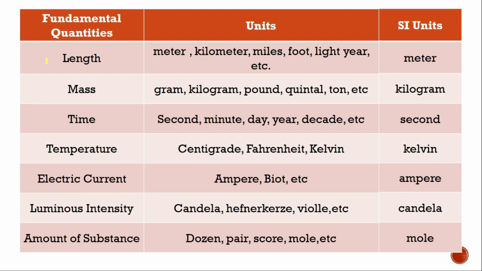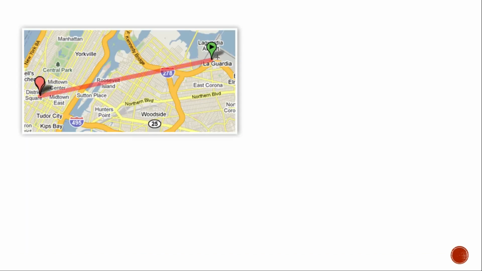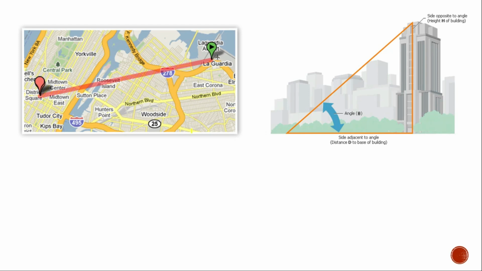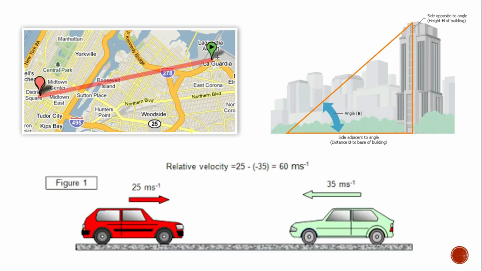Which means कि अगर हामीलाई length measure गर्न छ भने, we will always use meter as the unit. चाहे त्यो length कुनै दुईवटा ठाउँको distance हो या कुनै building को height, या त्यो length हामीले कुनै object को velocity मा present गरौँ, we will always use that same unit, which in this case is meter.